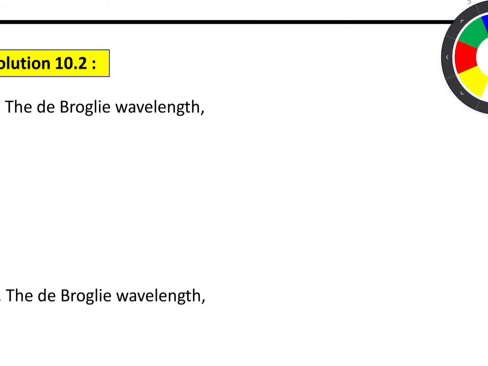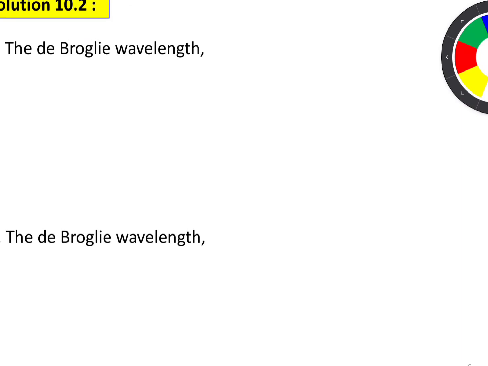Solution 10.2. The de Broglie wavelength. Okay, untuk jogger yang dia bagi mass of jogger tadi, kita tulis formula, lambda is equal to h over p. Okay, so momentum tak bagi kan, tapi kita tahu momentum adalah sama dengan mv. Itu kita belajar masa chapter 3 semester lepas.